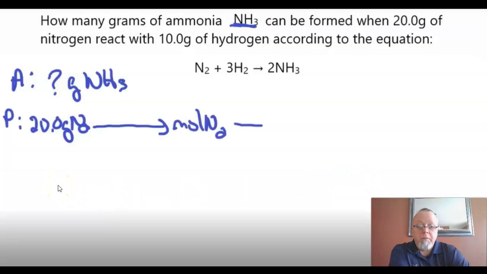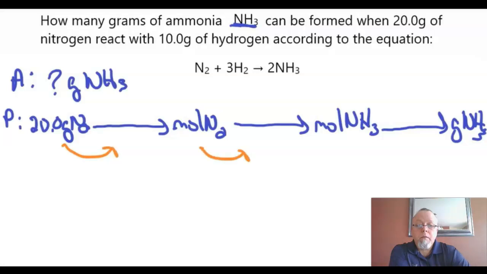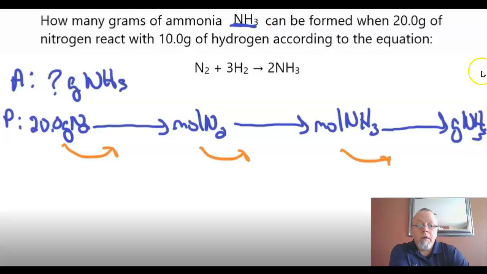So we go from grams to moles, then the mole ratio: the coefficient is 1 N2 to 2 NH3. Then we go from moles of NH3 to grams of NH3. And remember, the preceding unit goes in the denominator, and the next goes in the numerator.